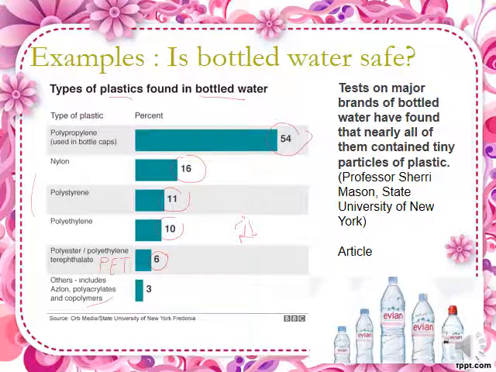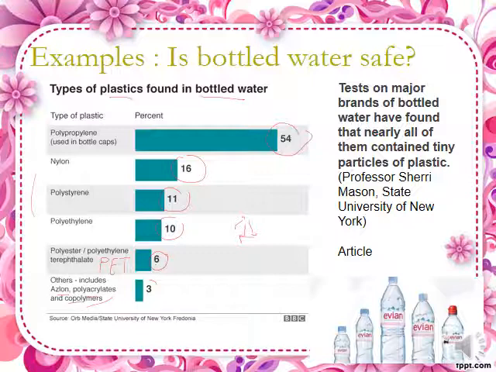Number one actually refers to PET, polyethylene terephthalate, 6%. And then the least particles of plastic are found from bottles made of other materials, for example, Azlon, polyacrylates, and also copolymers.